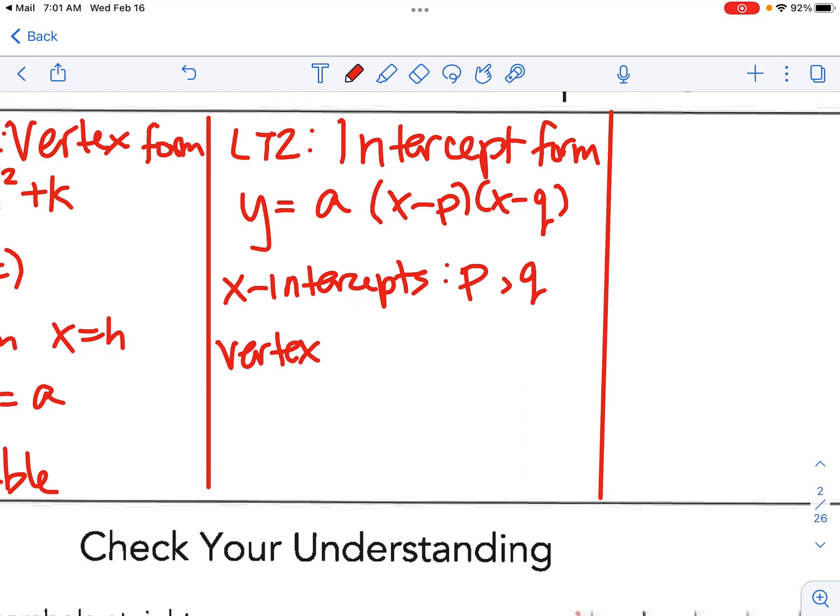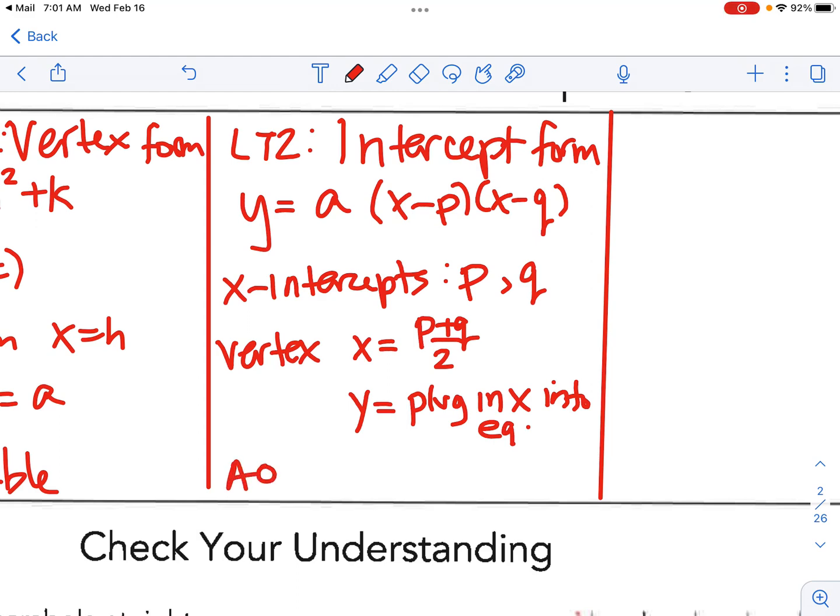Mathematically, that's averaging them, (p plus q) divided by 2. Then our y coordinate is found by plugging x into the equation, and our axis of symmetry is x equals that average, (p plus q) over 2.